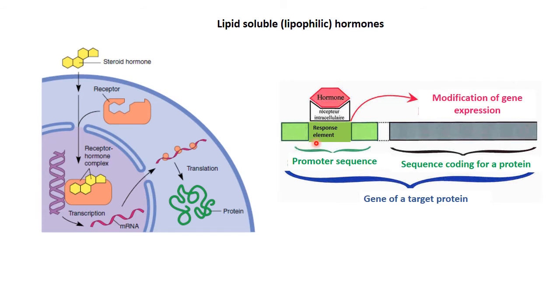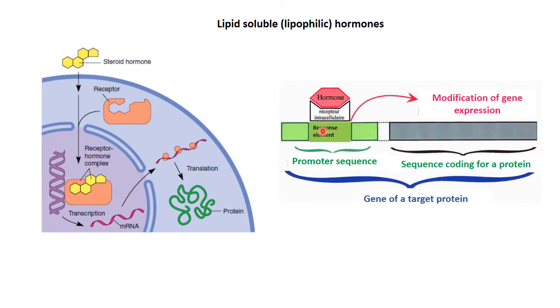Some genes have in their promoter region a small sequence called a hormone response element. This small sequence can bind to those hormone receptor complexes.